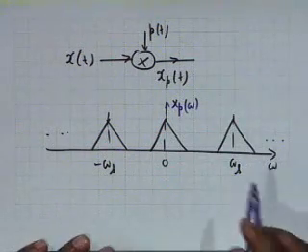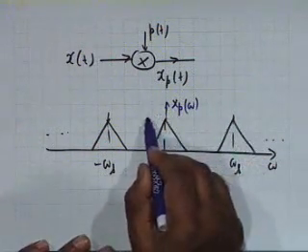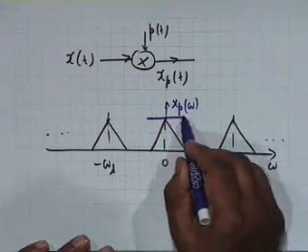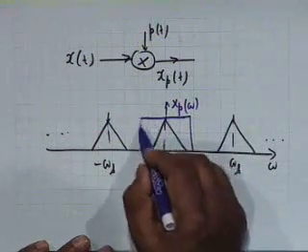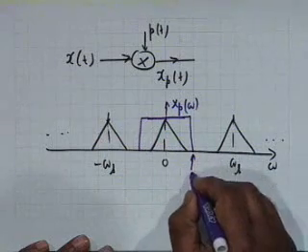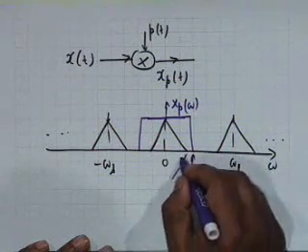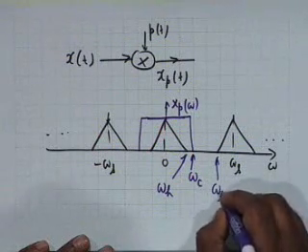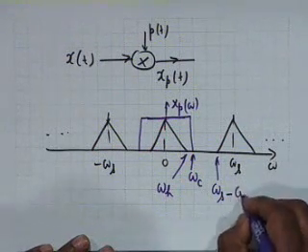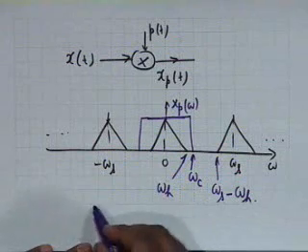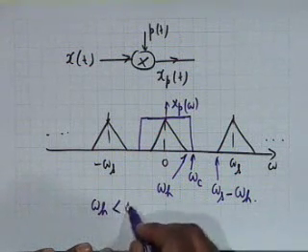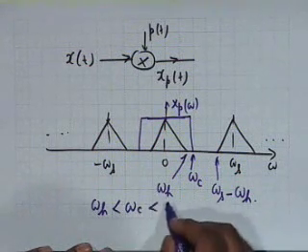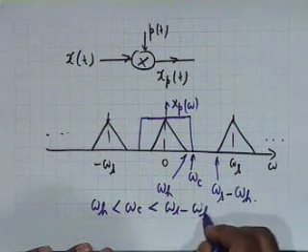To be able to recover, all you need is a low pass filter whose cutoff frequency omega c lies between omega h and omega s minus omega h. So omega c has to be greater than or equal to omega h and less than or equal to omega s minus omega h.